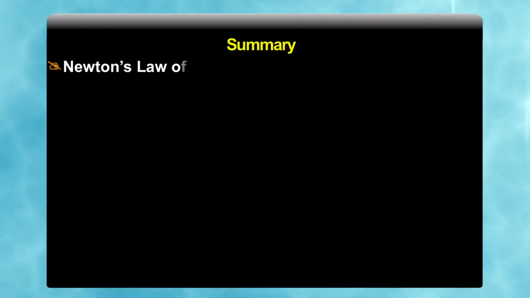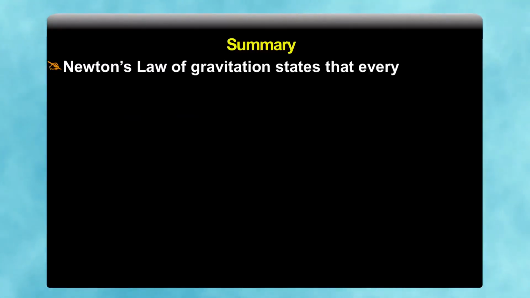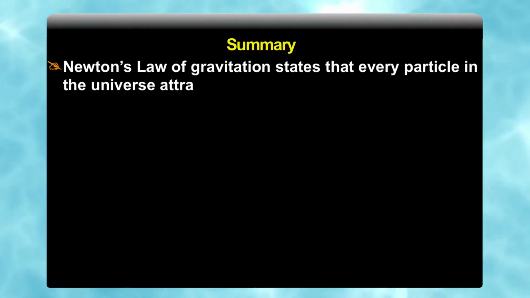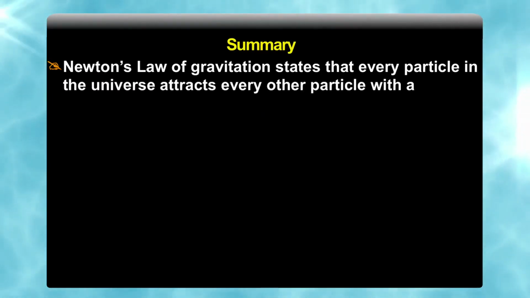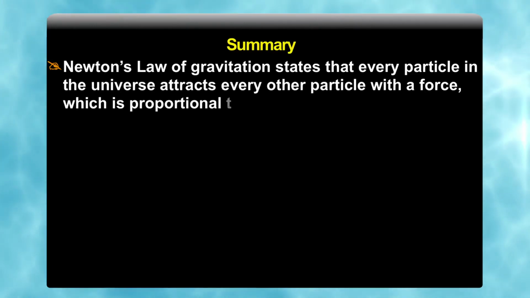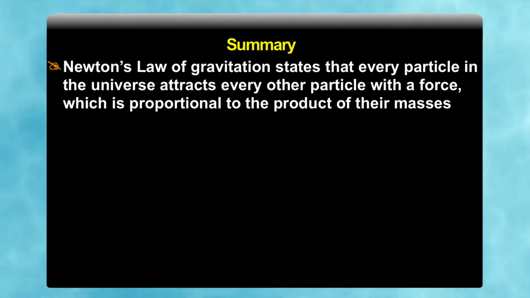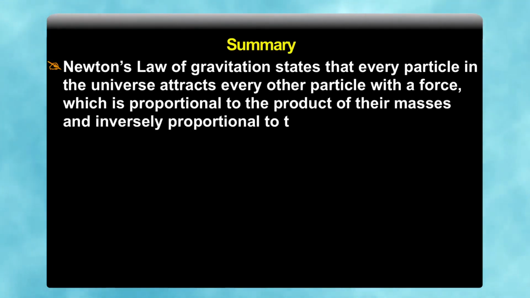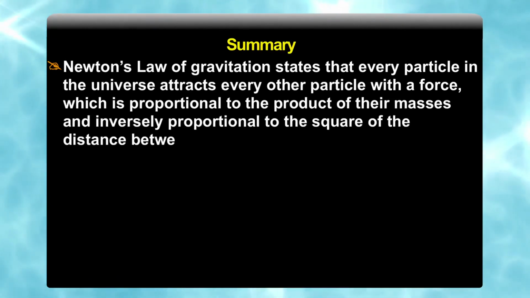Now, let us summarize whatever we have learned in this chapter. Newton's law of gravitation states that every particle in the universe attracts every other particle with a force which is proportional to the product of their masses and inversely proportional to the square of the distance between them.